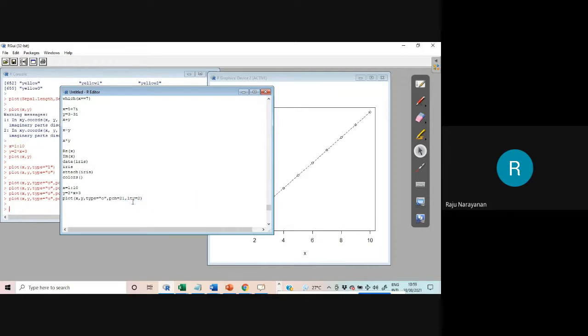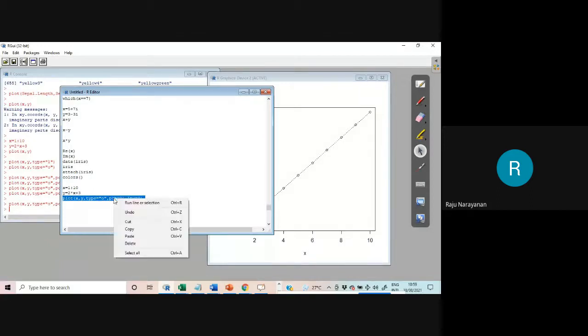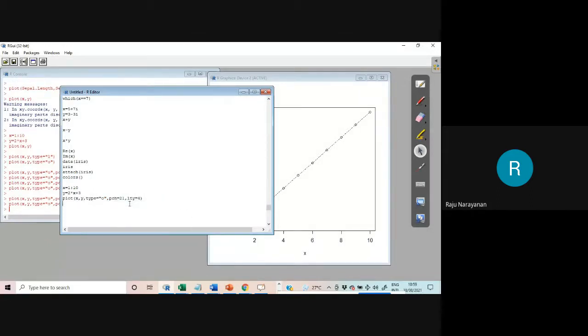Oh, sorry, it is different. lty is equal to 3, another pattern. lty is equal to 4, different patterns.